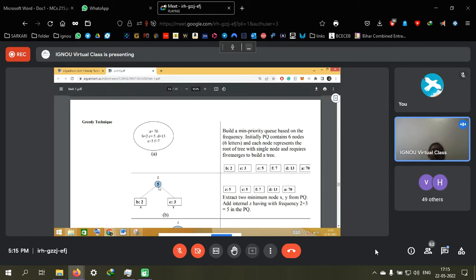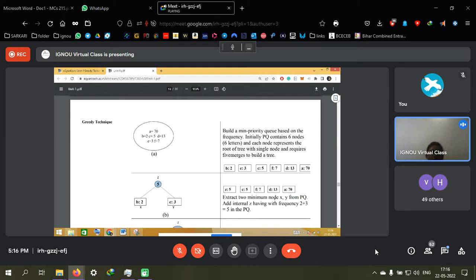Initially the queue size is 6. Each node represents a tree with a single node and it requires 5 merges to build a tree. If you have 6 letters, you will get n minus 1 merges, right?